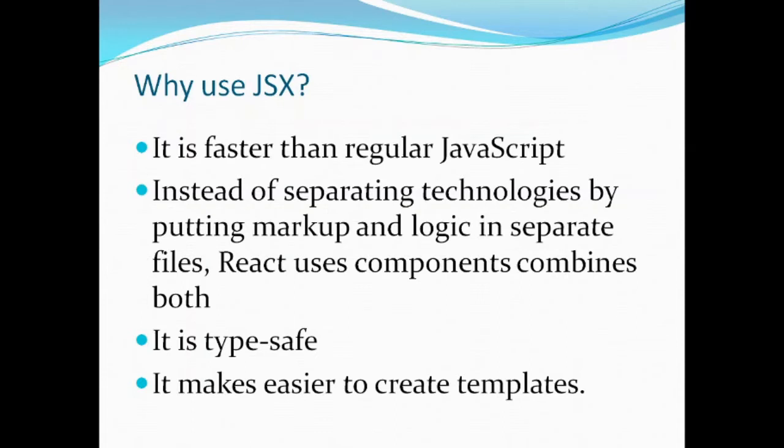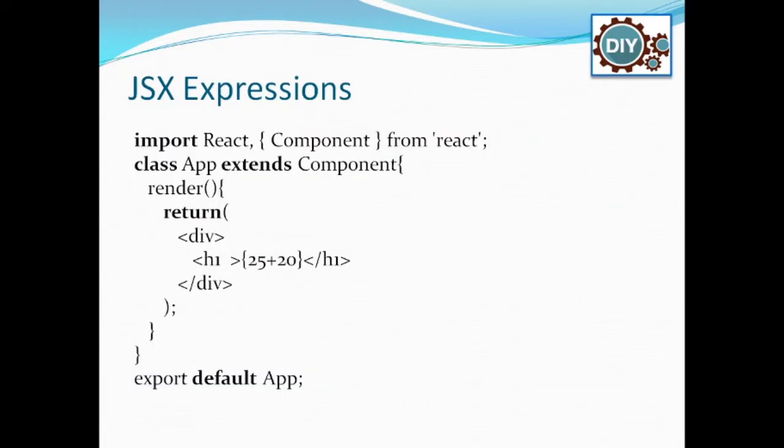And JSX is type safe. As you type your content into JSX syntax in the render function of your components, it is compile-time safe. You can identify any syntax errors in your JSX at a very early stage, and it makes it very easy to create your JSX templates. That's the reason we prefer to use JSX for React applications.